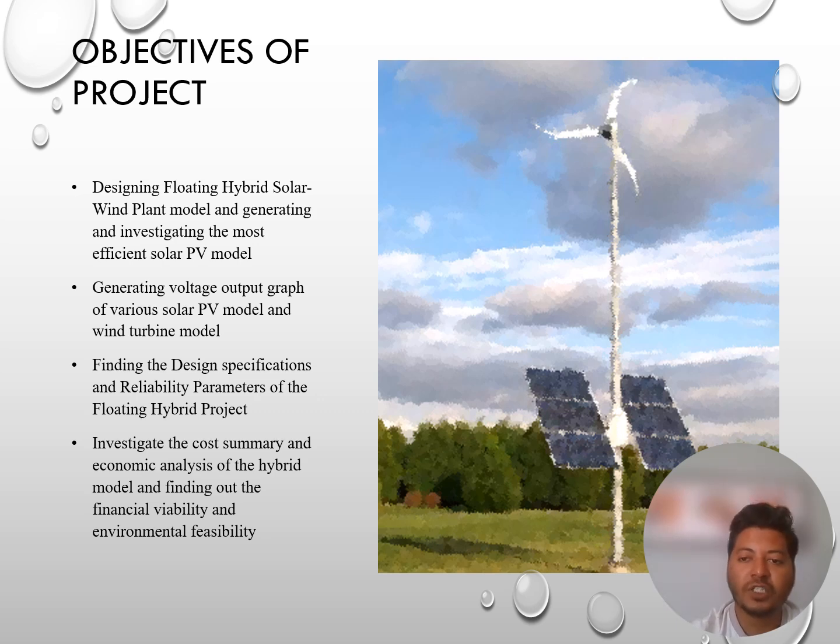The objective of this project is to design and model a floating hybrid solar wind plant and determine the most efficient solar PV model, then simulate and analyze the project to generate voltage output graphs for various solar PV and wind turbine models using MATLAB Simulink, and identify design specification and reliability parameters of the floating hybrid project.